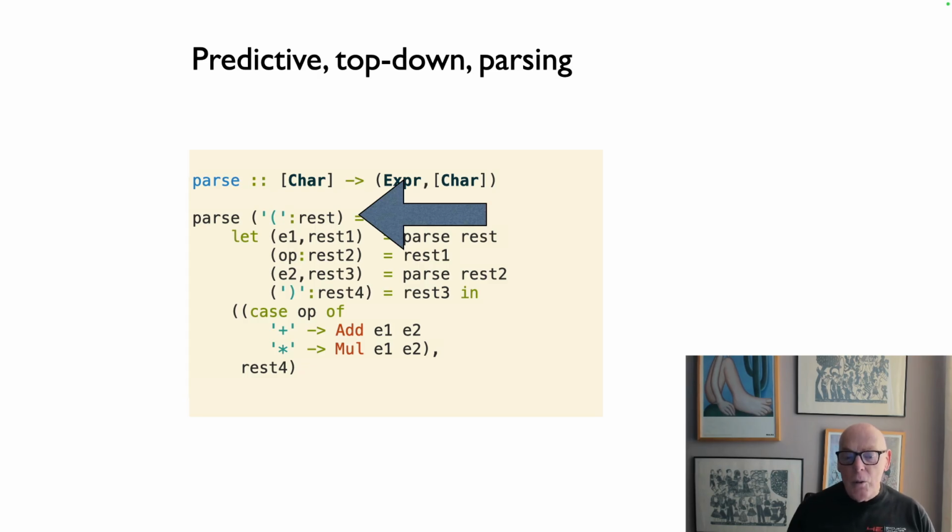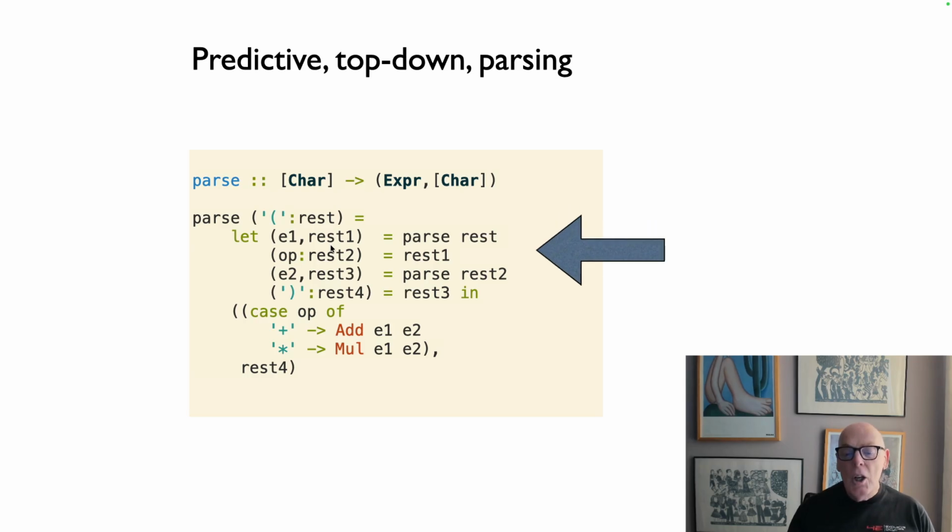Remember, we want to now look for an expression. So what we do here is call parse on rest. And then we use this let expression to analyze that, because the result of parse rest should be an expression, E1, and what remains after doing that parse, which we're calling rest1. So we expect to apply that parse, we get E1, the expression, and then we get rest1.